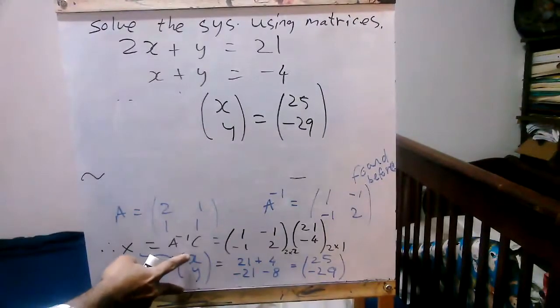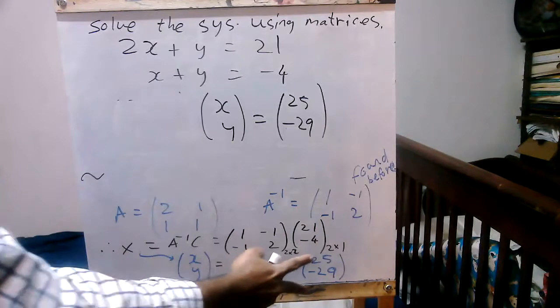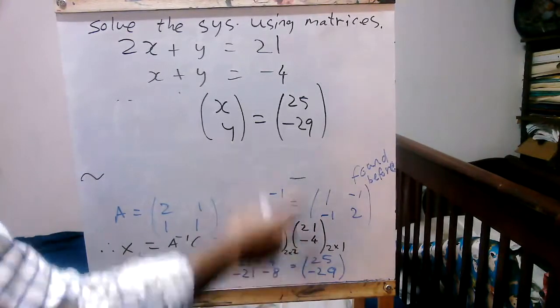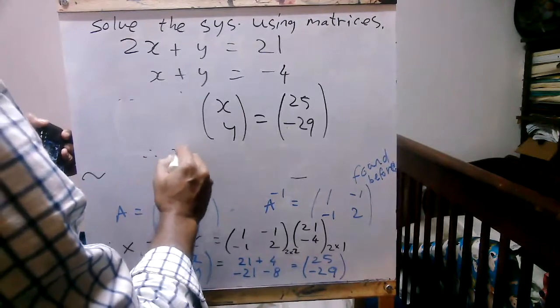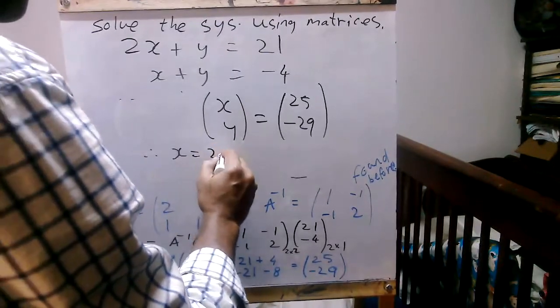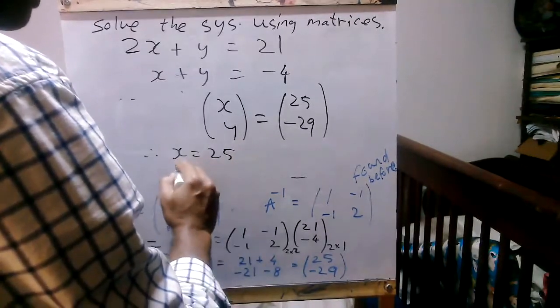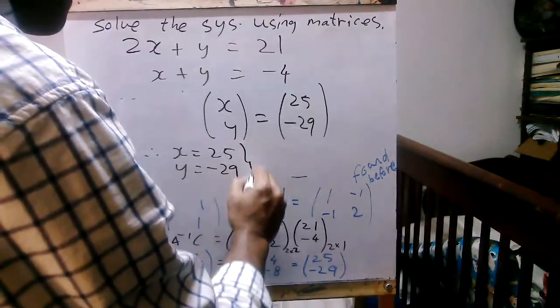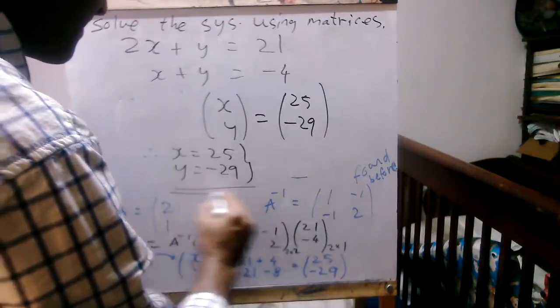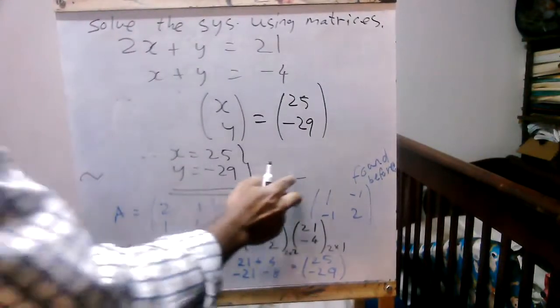I copied it from here. Therefore we can say x equal to 25 and y equal to negative 29. Alright, that's our final answer.